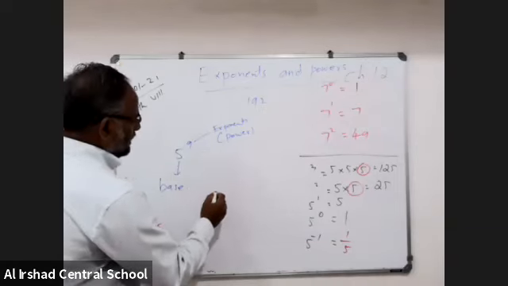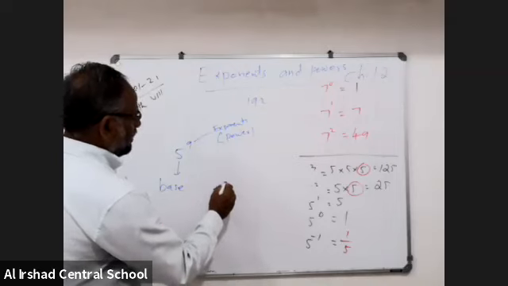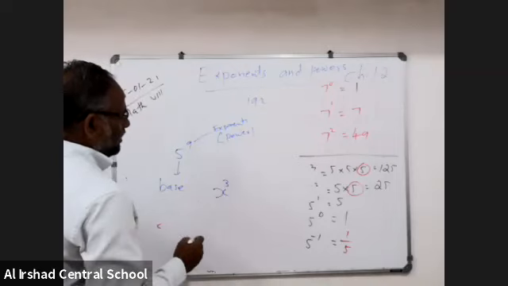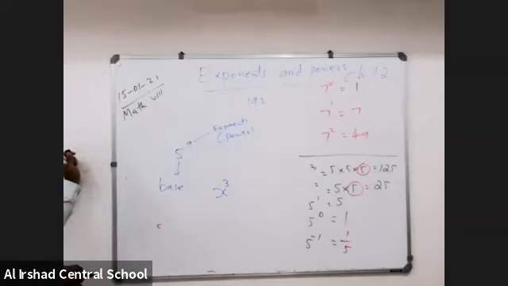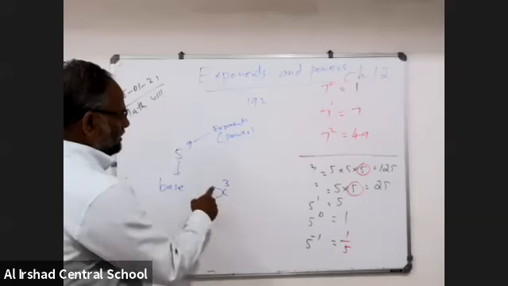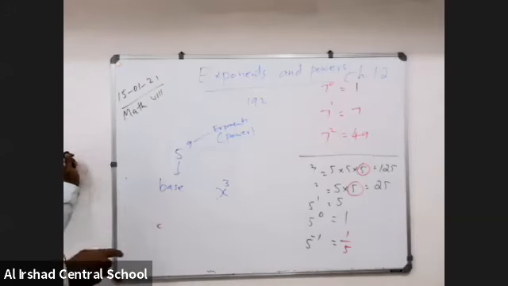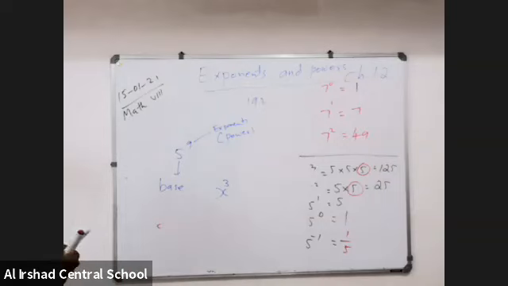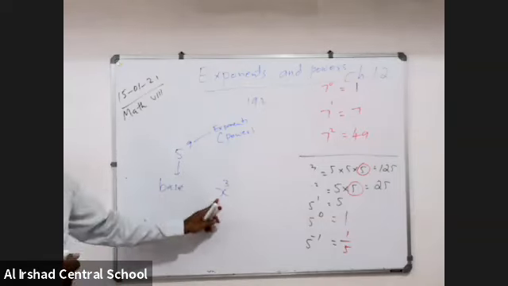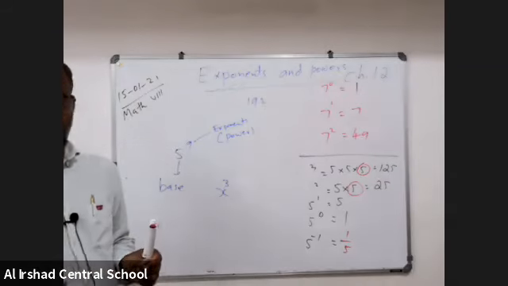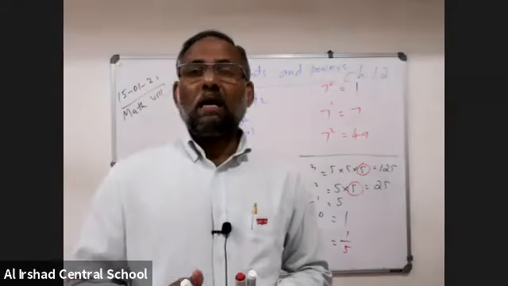Now 5 raised to 9, we know the base. Now tell me x to the power of 3. Tell me, what is the base here? x to the power of 3, x cube, my dear child. Here 5 was the base. Here x to the power of 3, x cube. That means algebra.